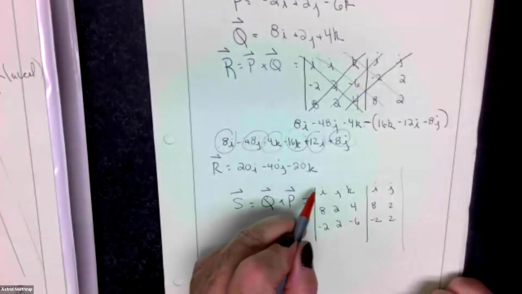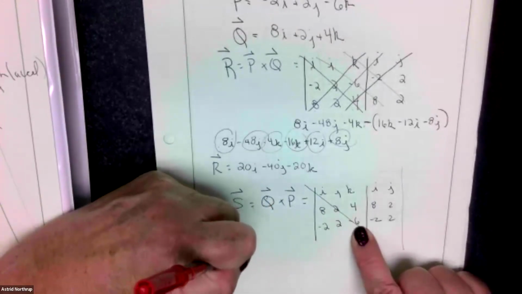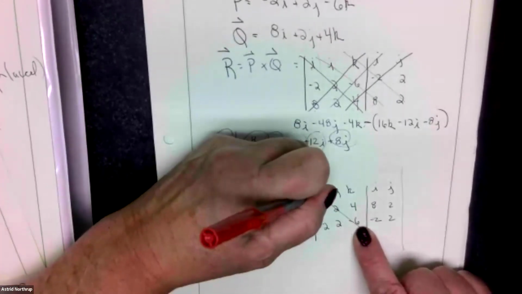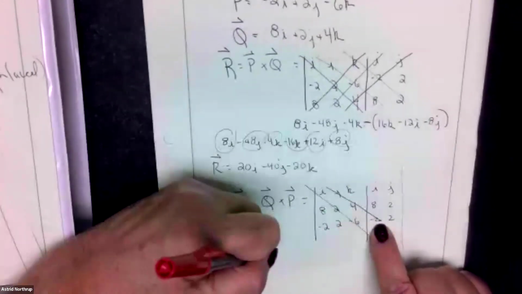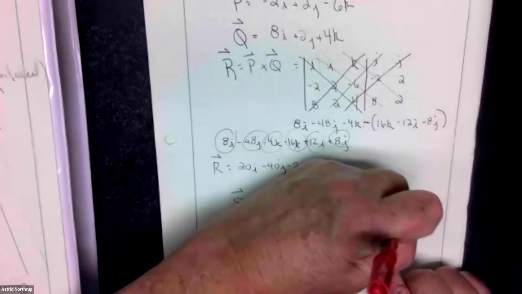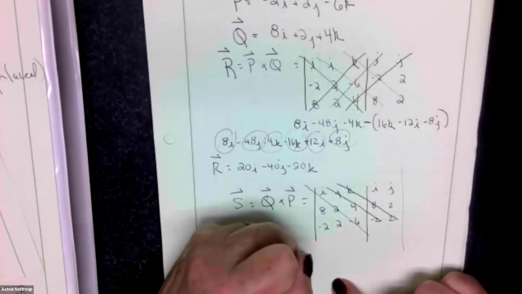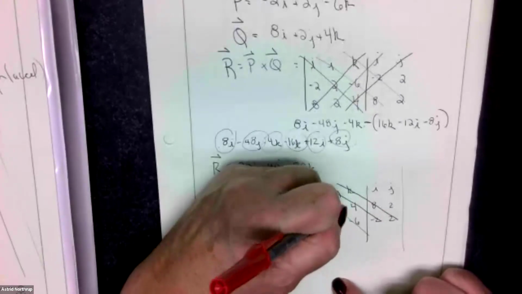And now I'm going to do this, and I get negative 12I, this, negative 8J, this, 16K. And now when I go the other way, I need to subtract.